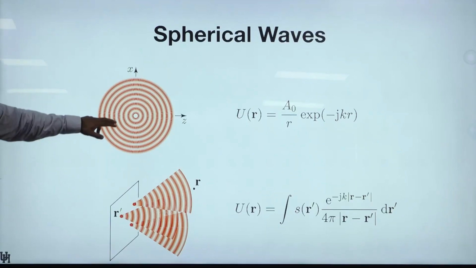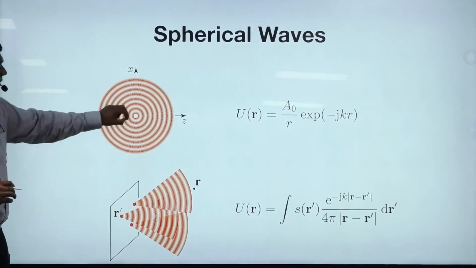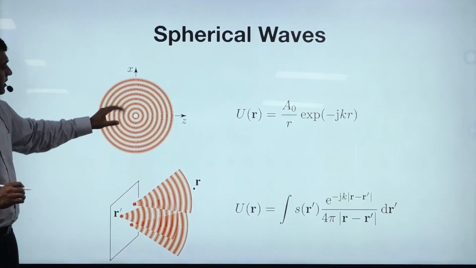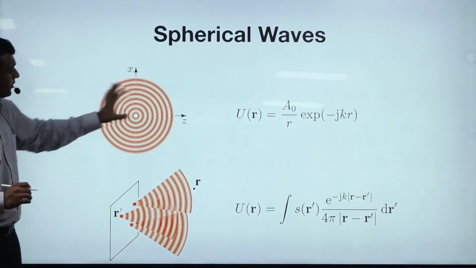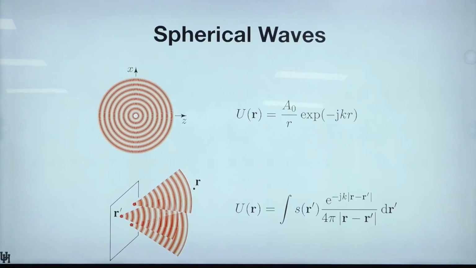So if you think of a point here which is emitting light in all directions, it sends out a spherical wave in all different directions, and the field here at a location r, right? You have a point r here, in the xyz space, and this is a scalar field.